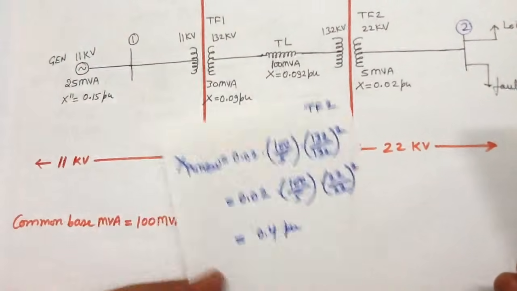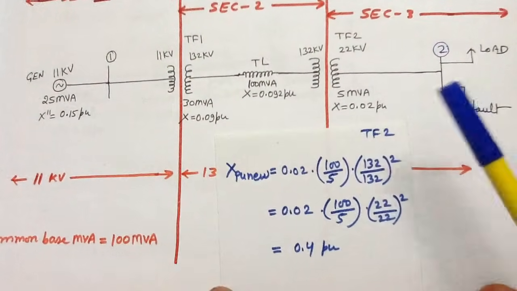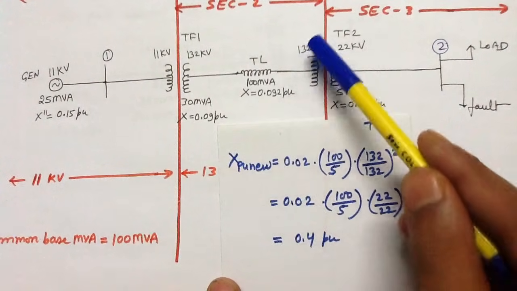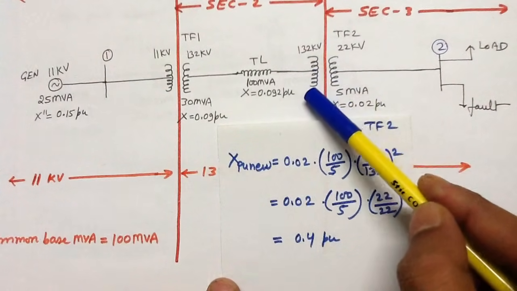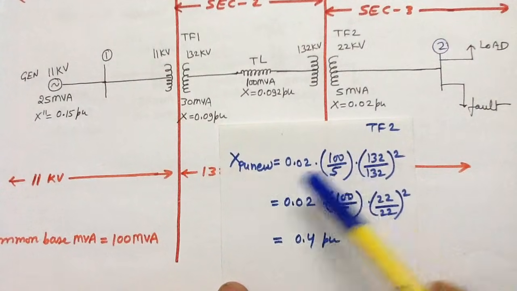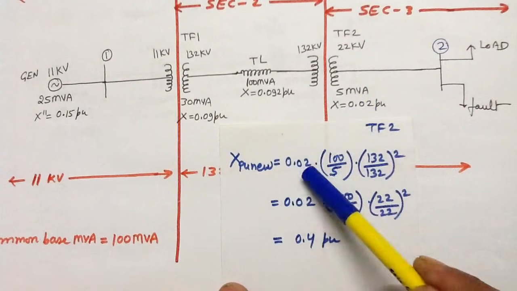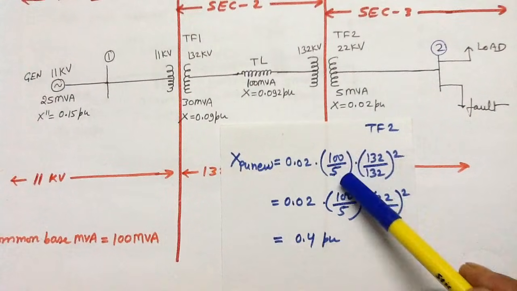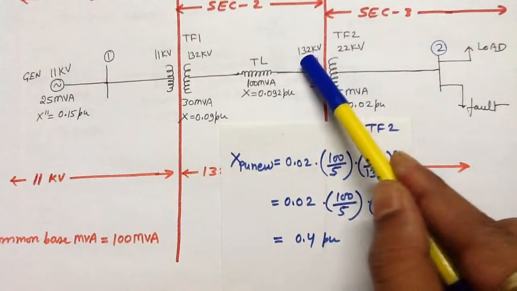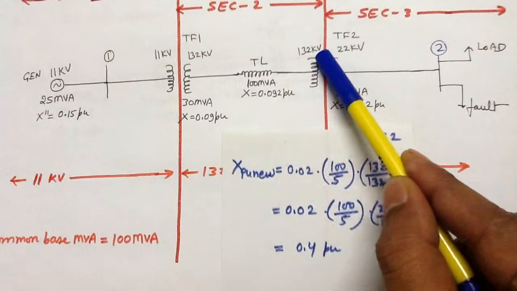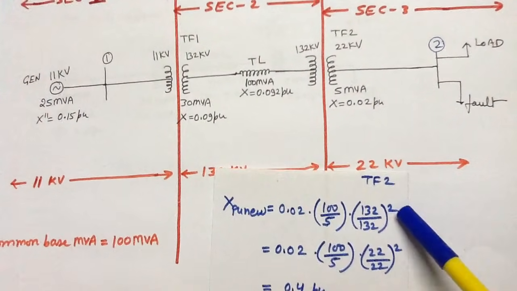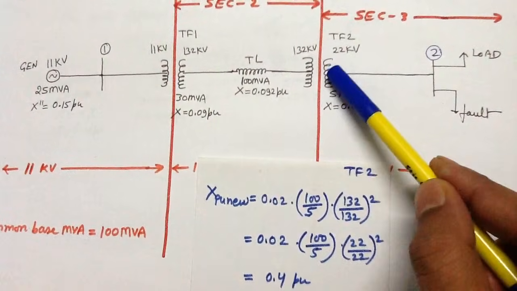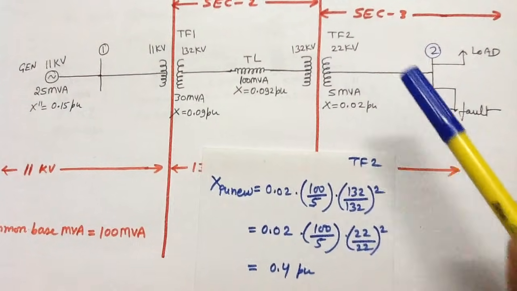Now consider transformer number 2. The new per unit reactance of transformer number 2, considering the HV winding of the transformer number 2, is the old per unit reactance into the new base power divided by old base power into old base voltage divided by the new base voltage square, and you can write this equation in another way, considering the LV winding of the transformer number 2 in this way.